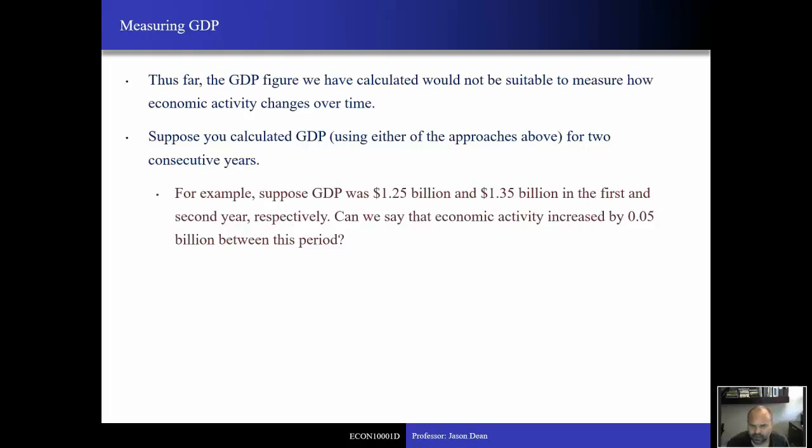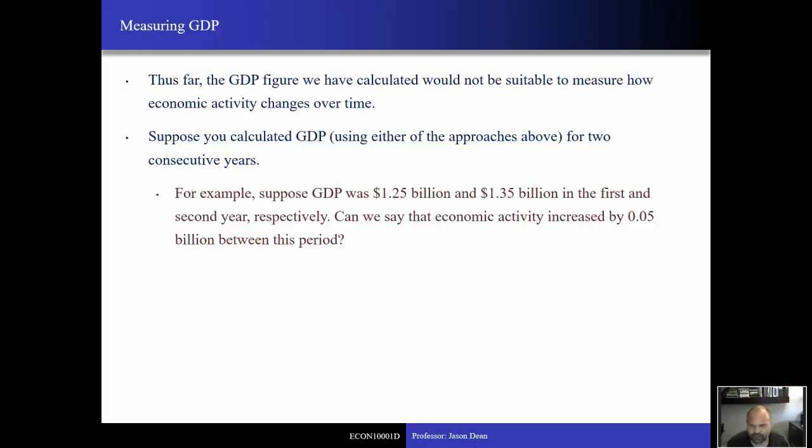Well, let's think about it. When we calculate GDP, we're looking at end quantities in each of the years, right? So in year 1, when we multiplied the prices and quantities together and took the sum, we got 1.25. In the second year, when we multiplied the prices and quantities together, we got 1.35. Well, over this period, both the prices and the quantities can change.